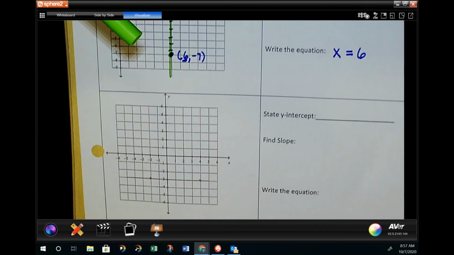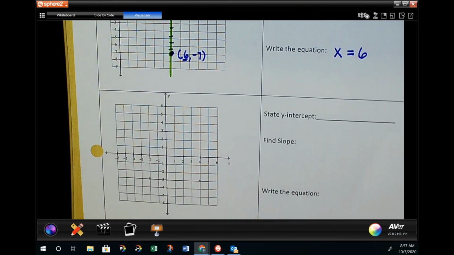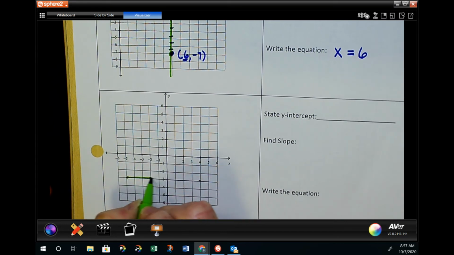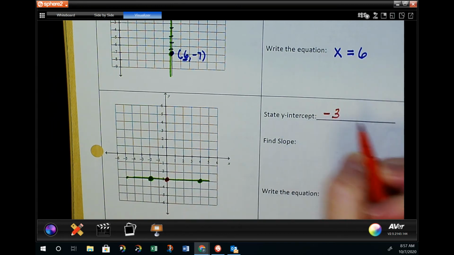So the next particular part is now you're going to state your y-intercept. Again, I'm going to highlight this line just because you can't see it as well. And I'm going to highlight my 2 little points I give you. So your y-intercept, where does this hit on your y-axis? So this hits right there on my y-axis. That's at -3.